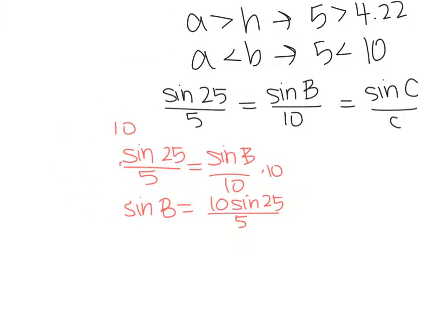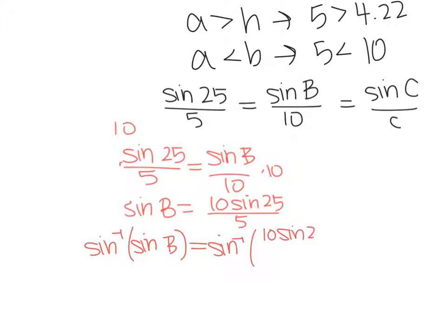Then we're going to have to take the sine inverse of both sides. So angle B is 57.7 degrees.